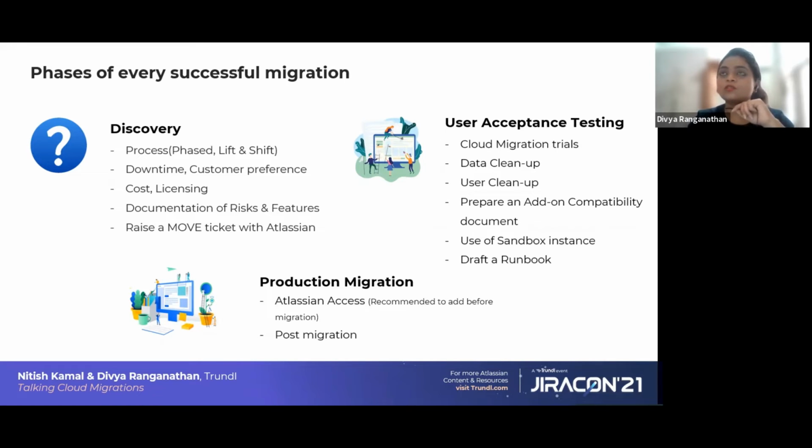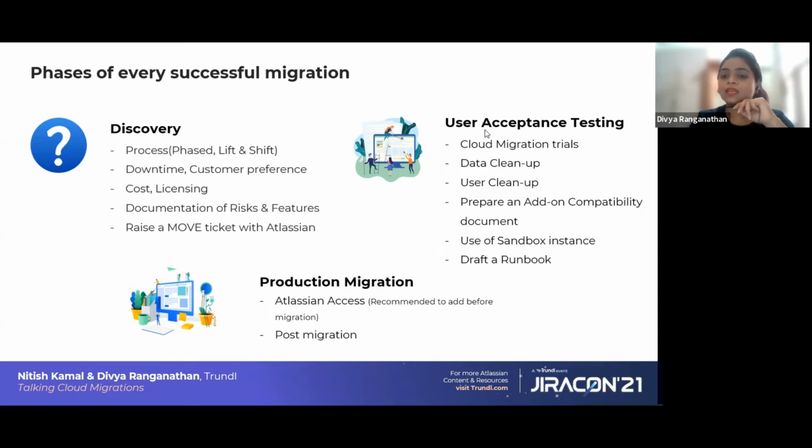All those features will be documented, and it will be very helpful for us when we do a production migration. So at the last minute, you will not come to us and say you did not migrate these features, we expected you to migrate these features. That lack of communication will not be there if we do a complete user acceptance testing.